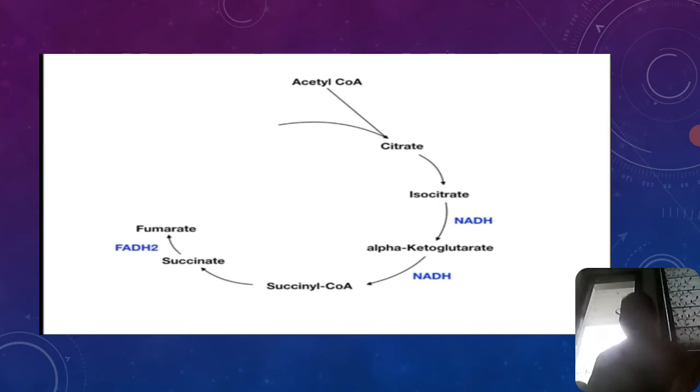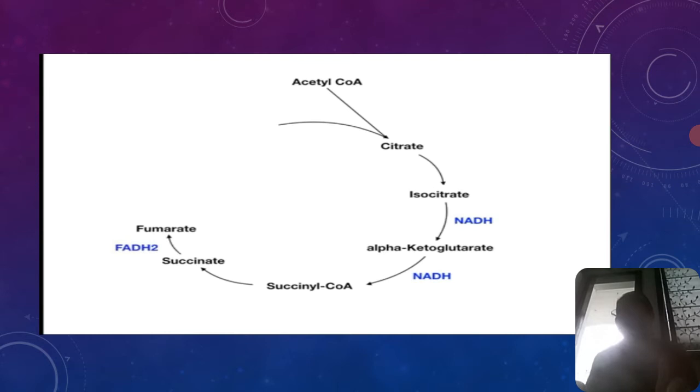The succinyl coenzyme A is formed by oxidative decarboxylation in the presence of the alpha ketoglutarate dehydrogenase enzyme. Next, the succinyl coenzyme A is converted into succinic acid, catalyzed by the enzyme succinic thiokinase, using a molecule of water.